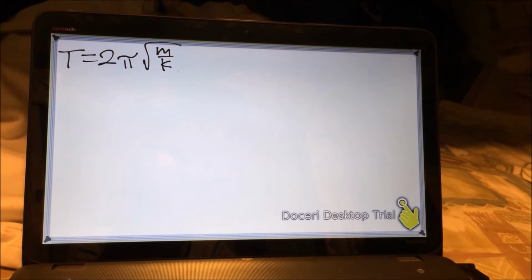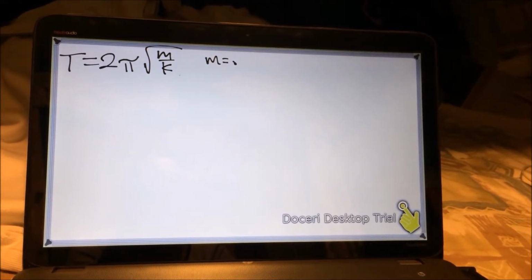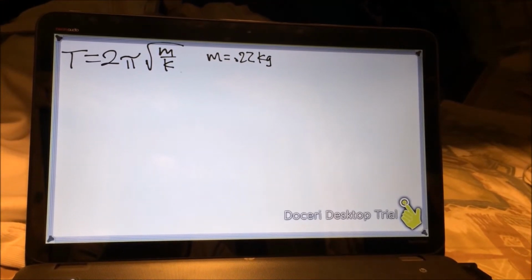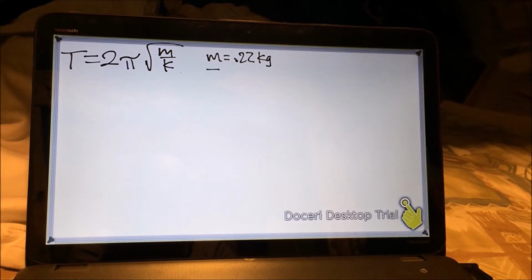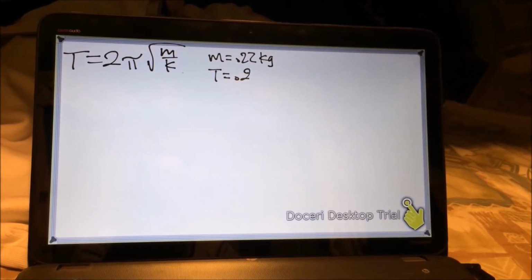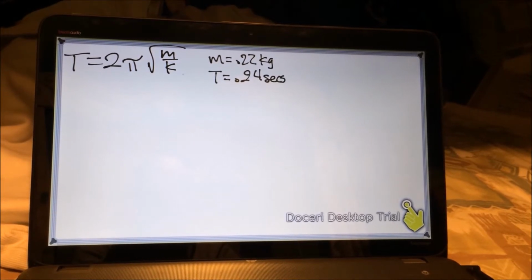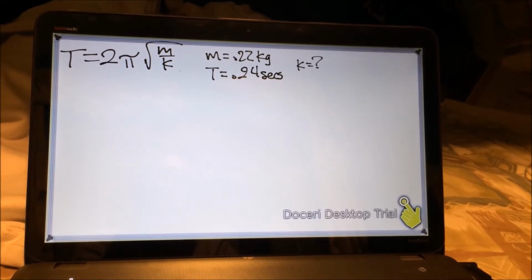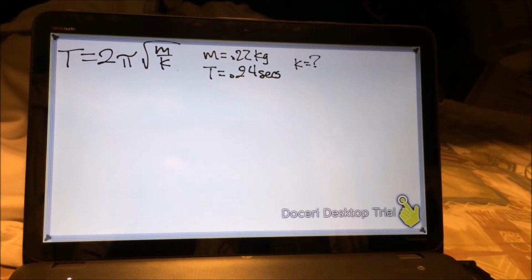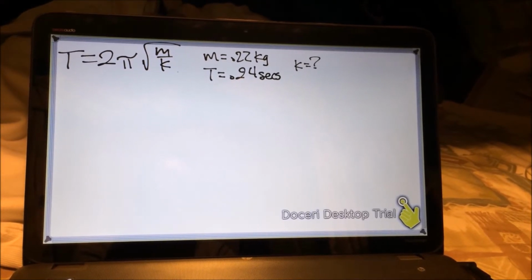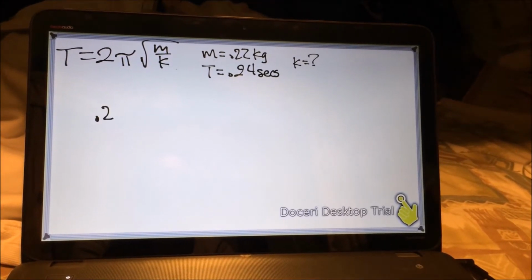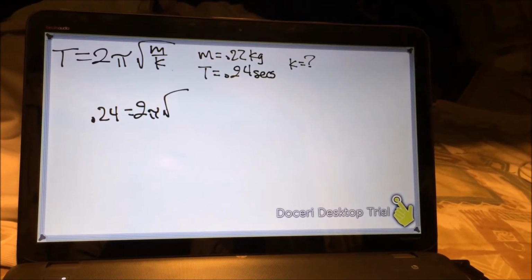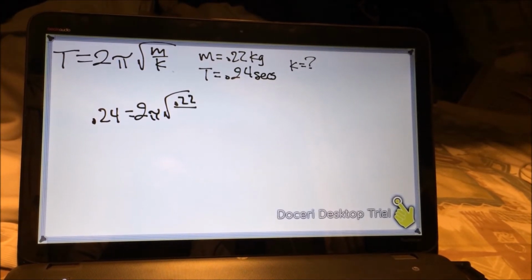We are given the mass, m equals 0.22 kilograms, and we are also given the period, which equals 2.24 seconds, and we are looking for the spring constant. Now what we need to do is just plug in the numbers as always, and it's going to be 2.24 is equal to 2 pi times the square root of 0.22 over k.